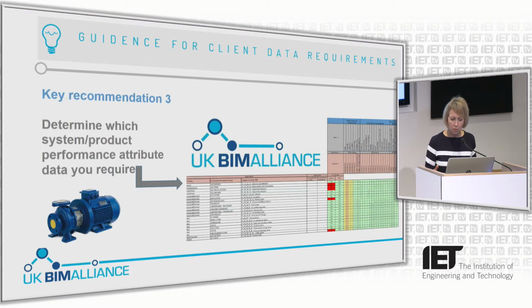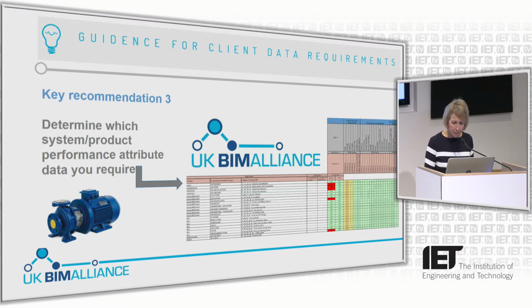And that's where the matrix comes into play, because it helps you look at 2 levels. It helps you look at a systems level, which is tied in with Uniclass, and it helps you look at a product level to start thinking about what those attributes might be. So we might want to collect the flow rate of a pump, or we might want to collect the fire resistance of a door.